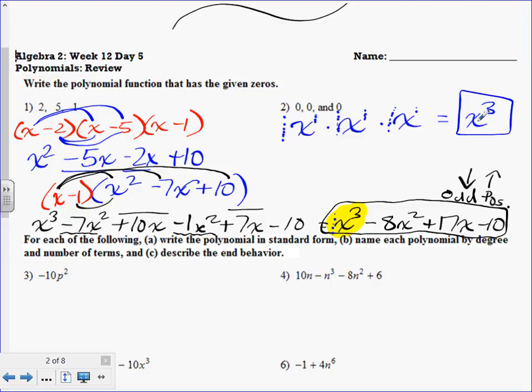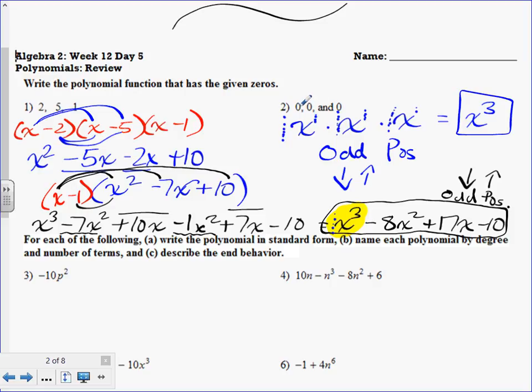What about this? Odd or even? Odd. Positive or negative? Positive. Interesting. So it's going to look the same as this one, but it's just going to be a little bit more spread out.